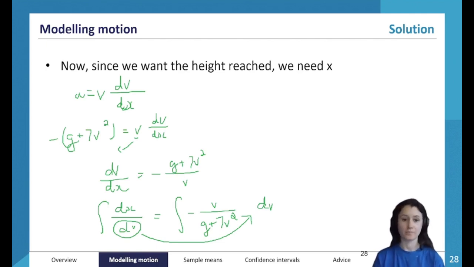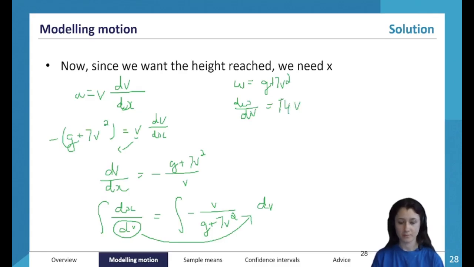So here, if we do a little bit of nonlinear substitution, we have w, whatever function we'd like, is equal to g plus 7v squared. We find the derivative, we would have 14v, and get dv by itself.